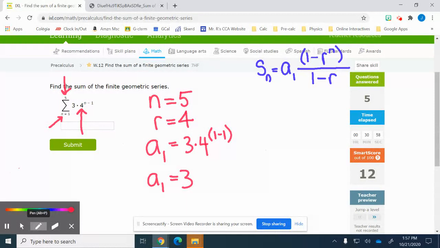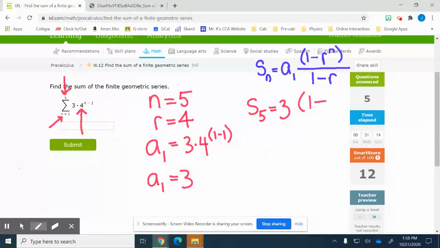And the last thing to do is kind of just go for it here. So the sum of the first 5 terms is our first term, 3, times 1 minus our common ratio, 4, to the n power, that's the number of terms we're summing, over 1 minus r, our common ratio, which is 4.